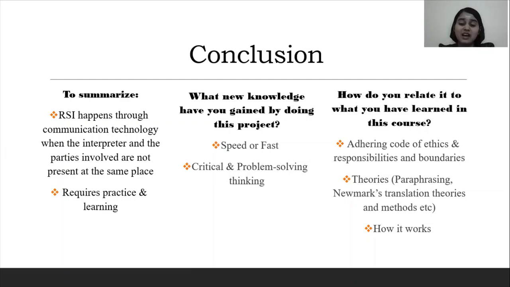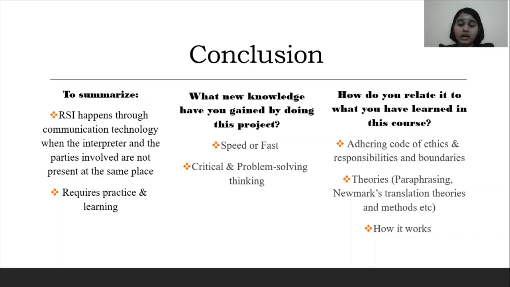Other than that, I also learned how confidently an interpreter should interpret during an interpretation. So secondly, how do I relate it to what I have learned in this course?